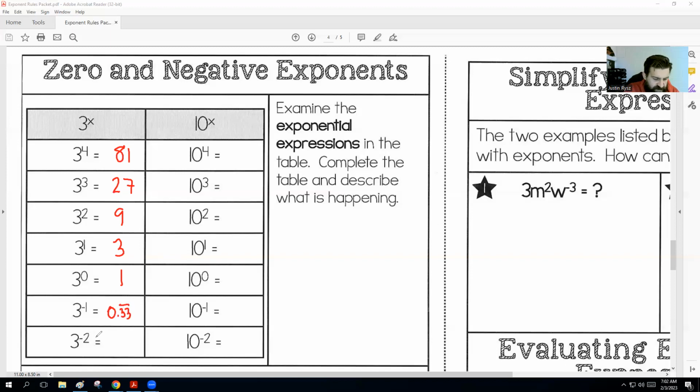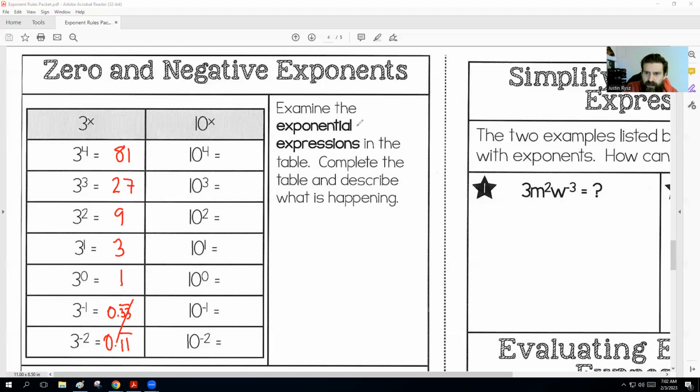And then 3 to the negative 2nd is 0.1 repeating. So we notice as our exponents get lesser, the numbers get smaller.